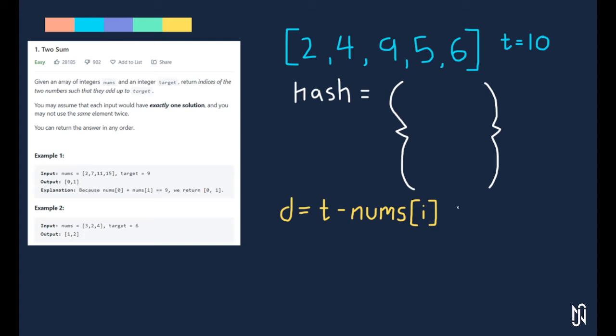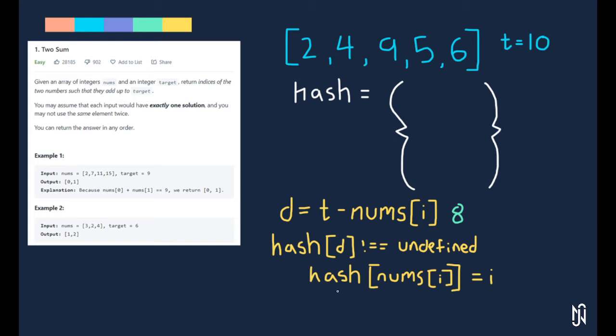In this case, that would be 8. And we're going to use a conditional to check to see if 8 is basically undefined or not in the hash. If it is undefined, then we are going to want to add it to the hash.